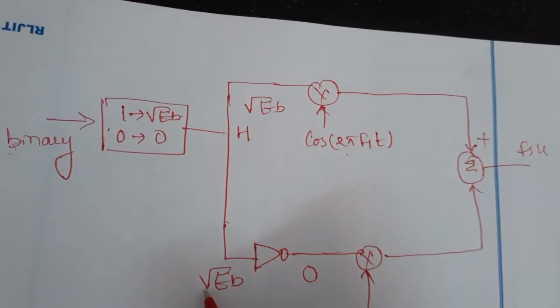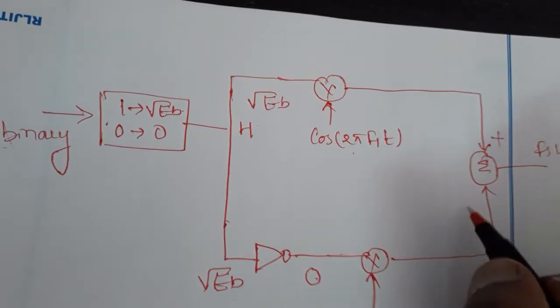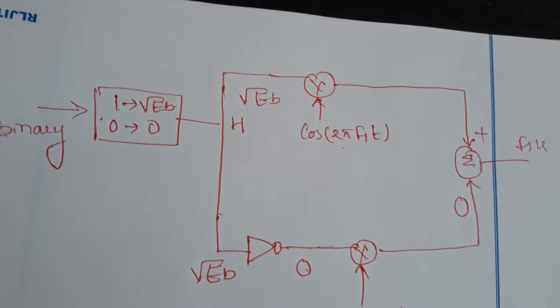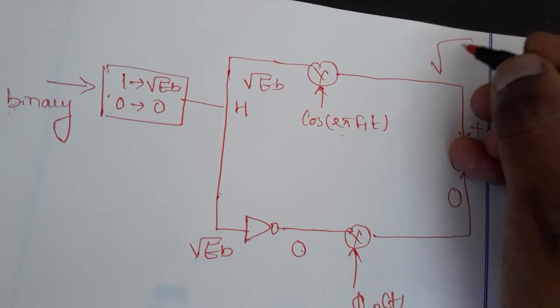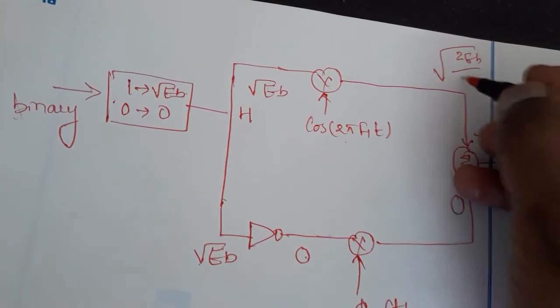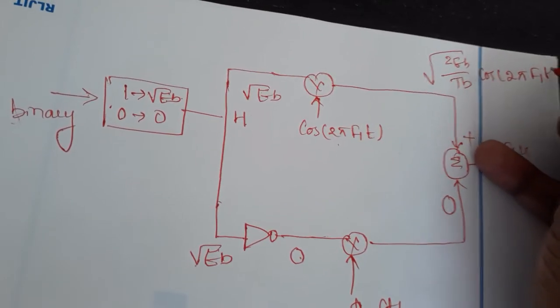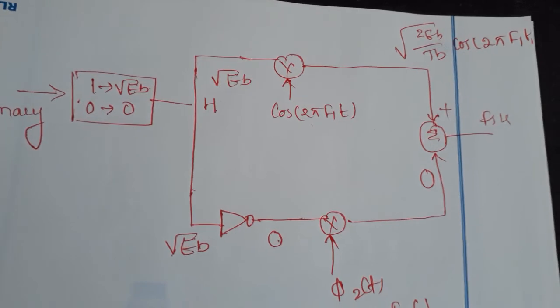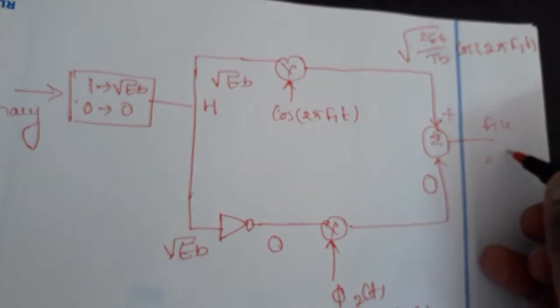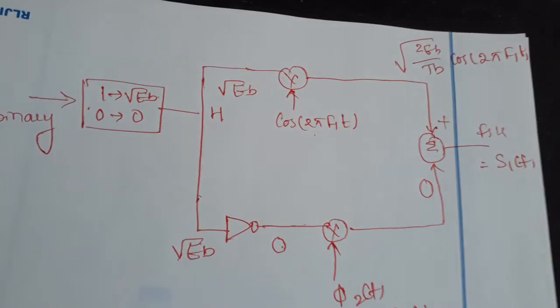When its input is high, root EB, it is 0. What's the value here? 0. And here it is root 2 EB by TB cos 2 pi f1t. Clear? That means the output I got is S1 of t.